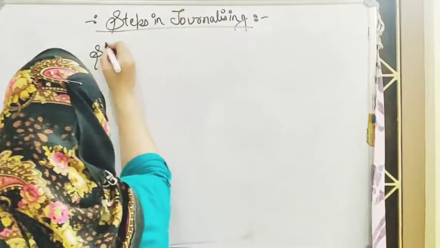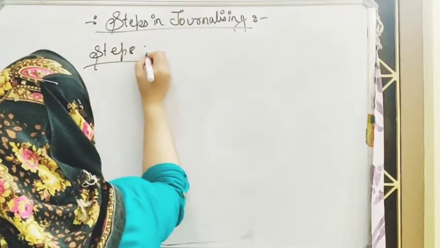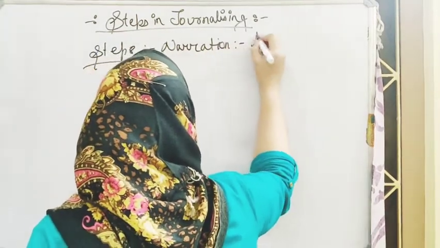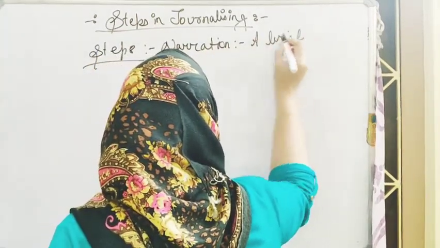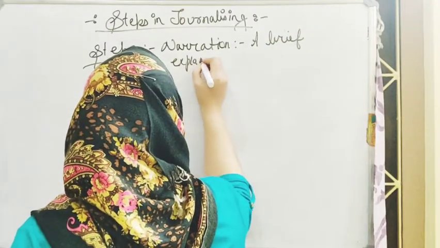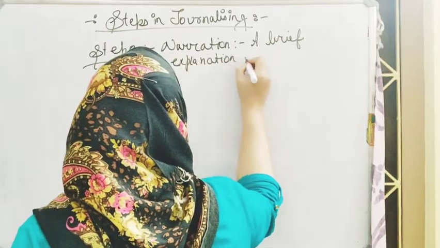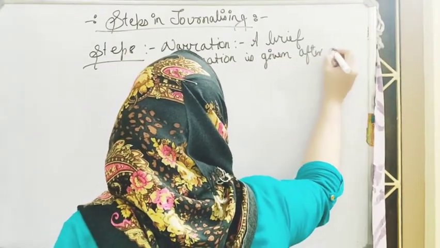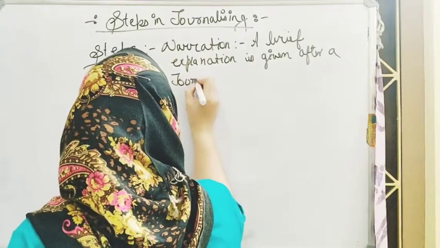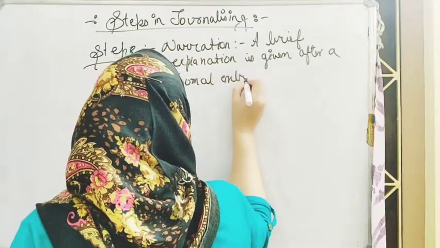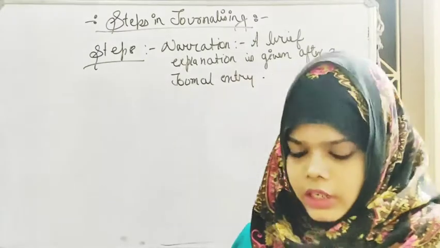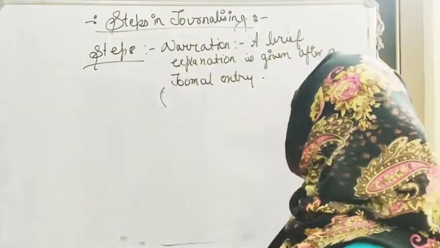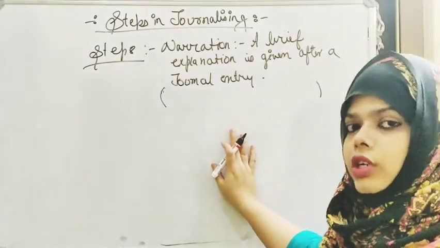Step 8, that is narration. A brief explanation is given after a journal entry. Within inverted commas or within brackets we'll write a small narration, that is, what the transaction is.